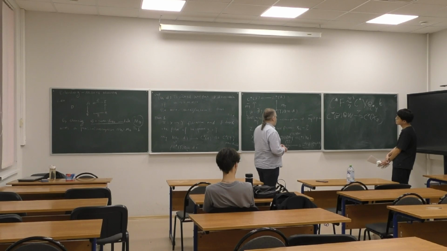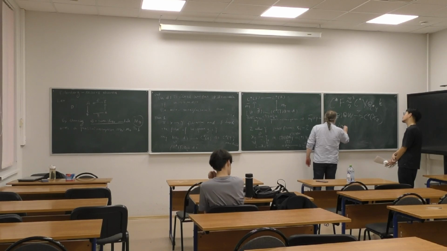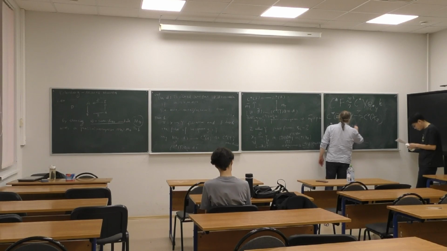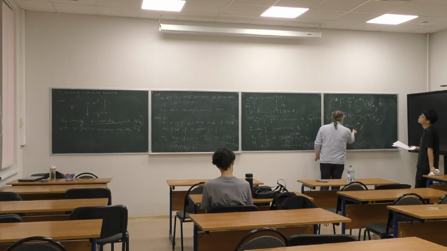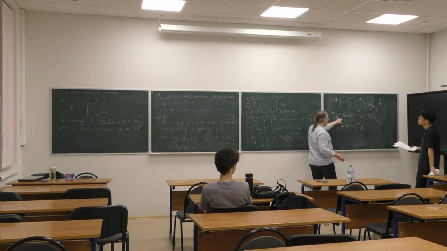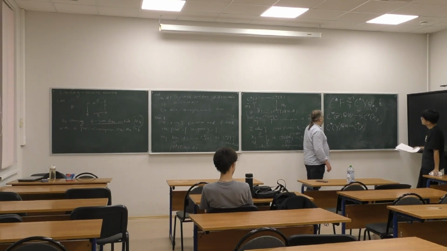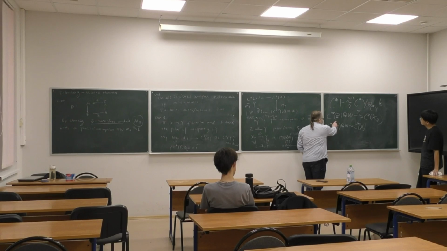So the thing is, we have this map. This is something we have by the construction of W. And what we want is this map. So how do we get this map from this one?